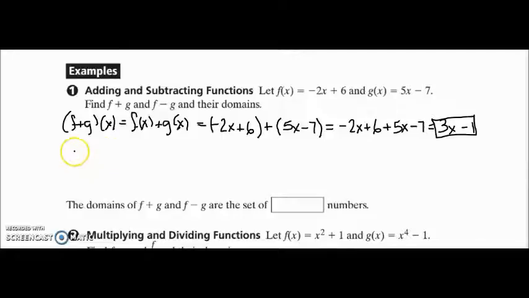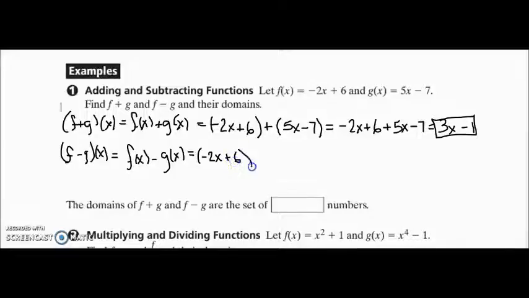Let's look at f minus g. All right, so this is just f of x minus g of x. Once again, f of x is this thing, and I'm using parentheses here for a reason, not just for fun, because I want to make sure that I don't lose track of any minus signs.